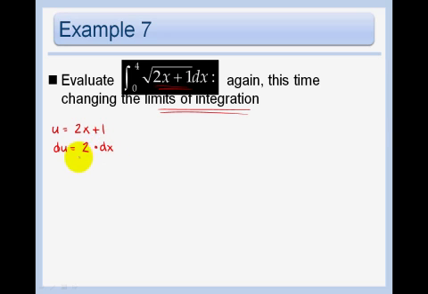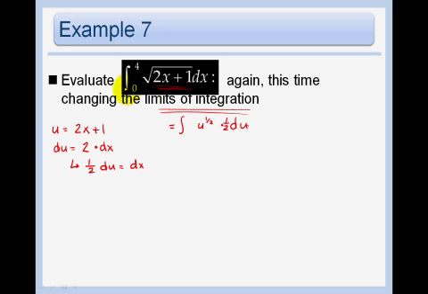So we rewrote this as the integral of u to the 1/2, and we just wanted dx, so we needed to make this into 1/2 du. And so we had times 1/2 du. Now, I didn't put my limits of integration here yet because we don't know what they are.